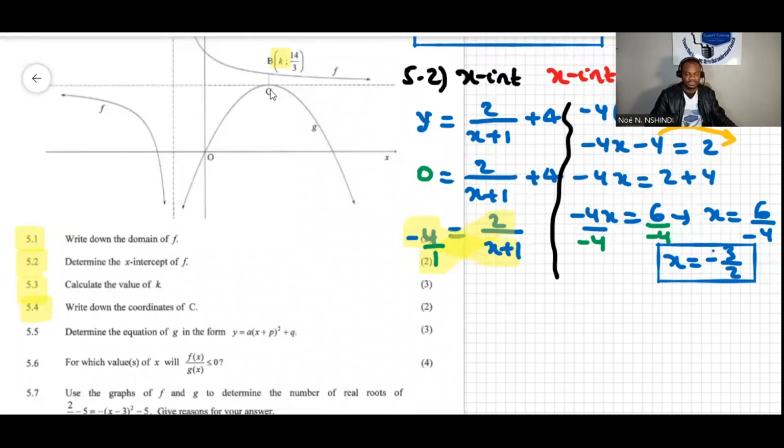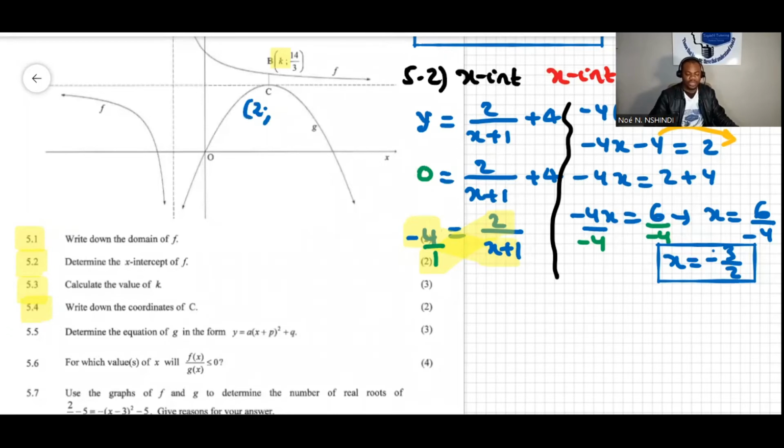The coordinate of C is there. This simply means that the line we see over here between B and C simply tells us that they share the same x coordinate. So the x coordinate of C is also 2.